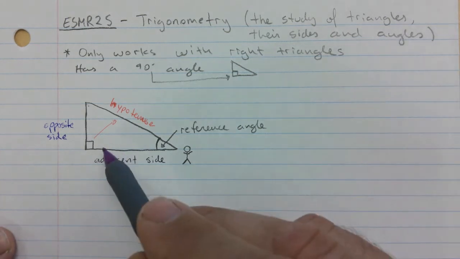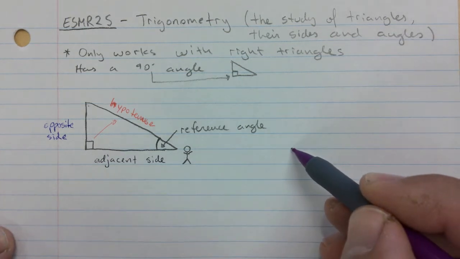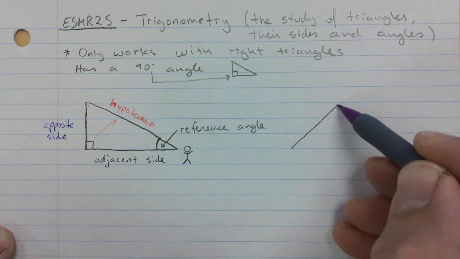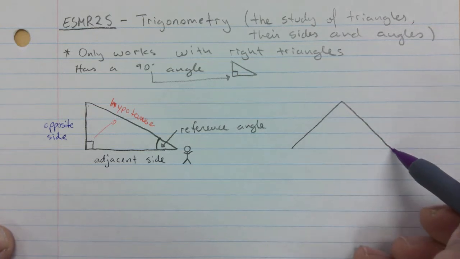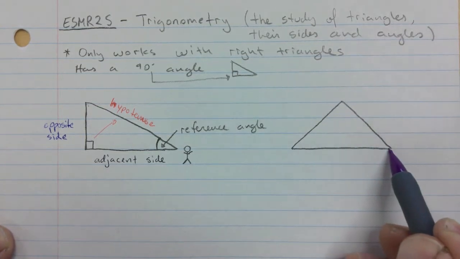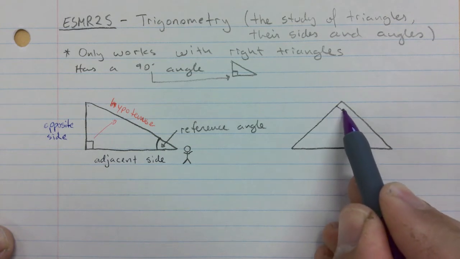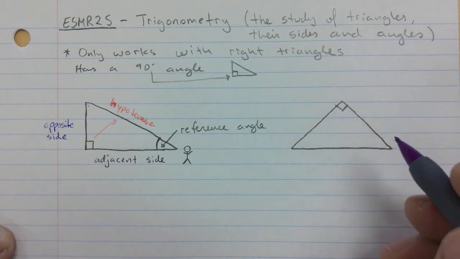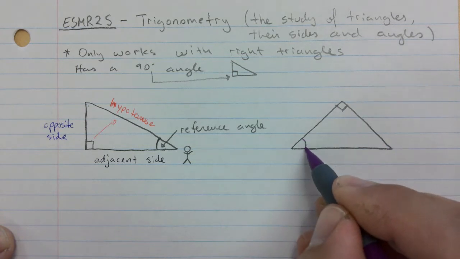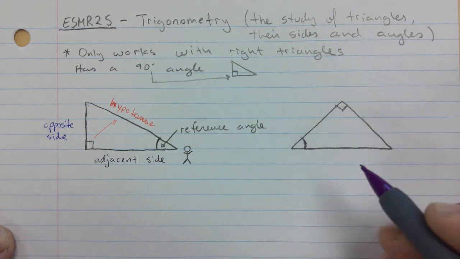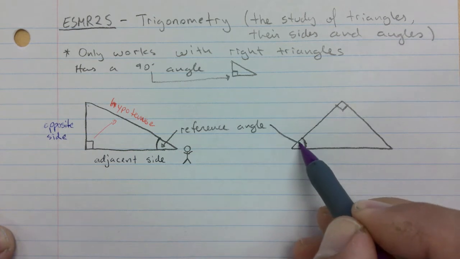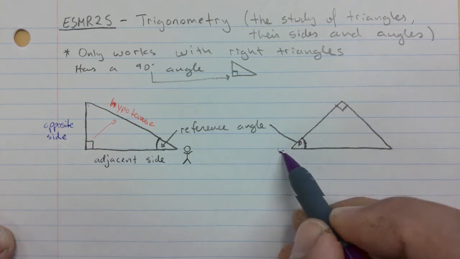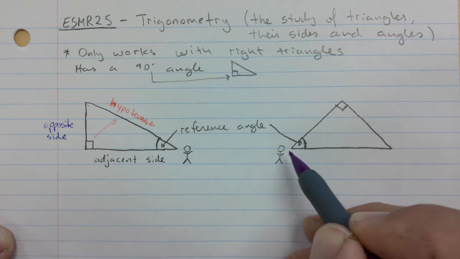But let's see if this is flipped. So let's say you have one of these, and the 90-degree angle is up here. And let's say the reference angle is now here. So this is now a reference angle, and you're standing here on this triangle.